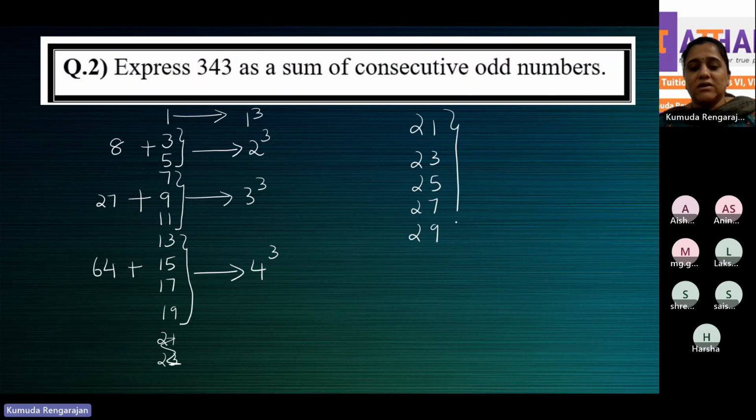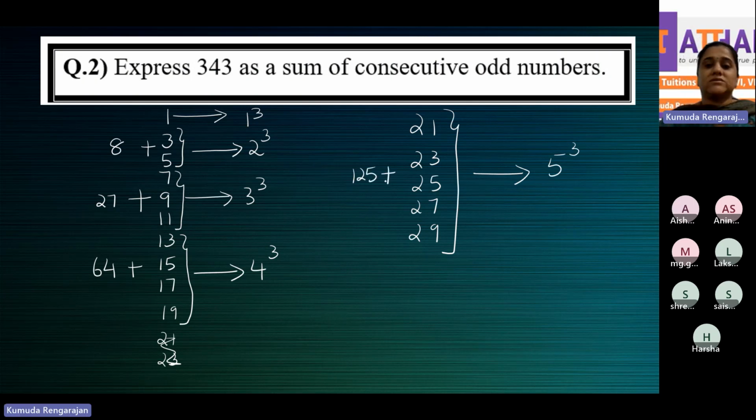Find the sum. And this will be 5 cubed. The sum of these 5 numbers will be 125.